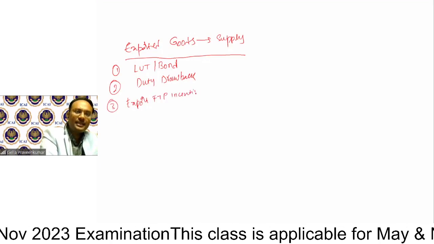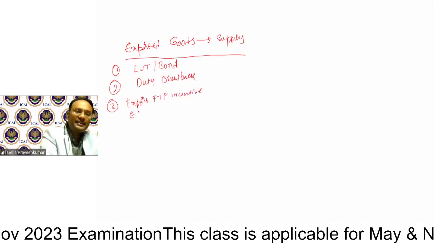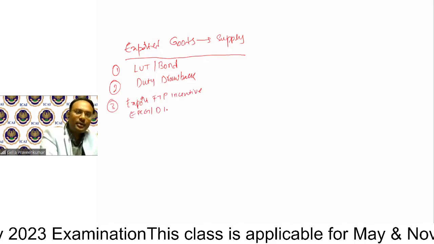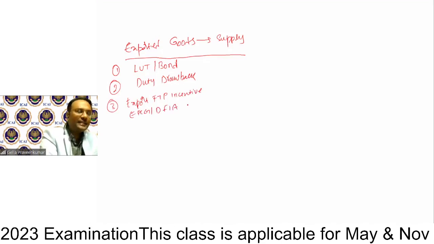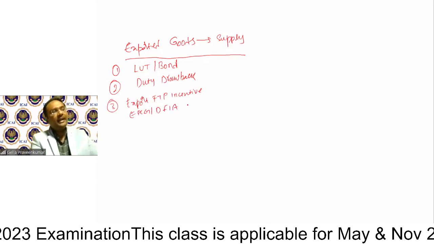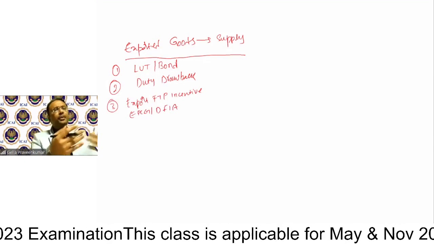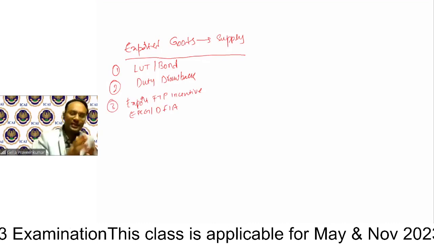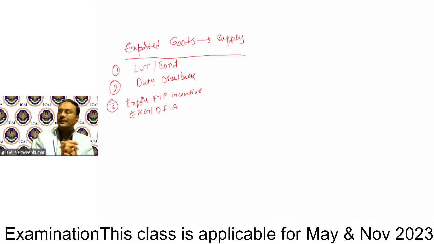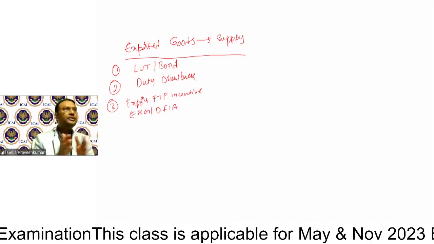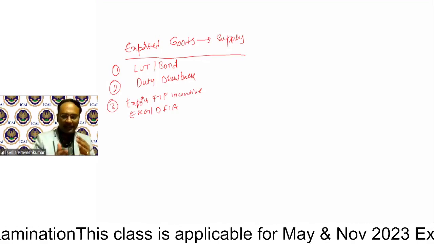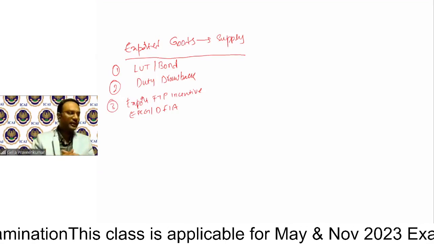That is compliance required for EPCG or duty-free import advance authorization. That means to say, I'm a manufacturer. I have imported a machinery. When I have imported a capital machinery, I have to pay customs duty. I'm going to tell the customs officer that I'm going to use this machinery for the purpose of manufacture. I'm going to export the goods out of India.